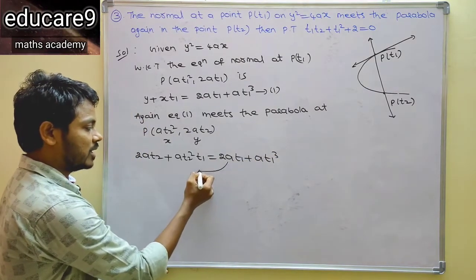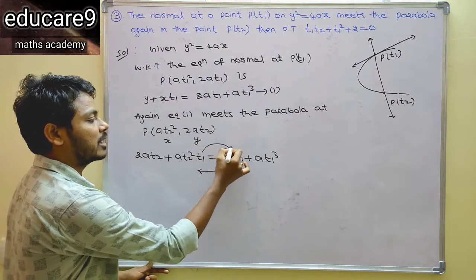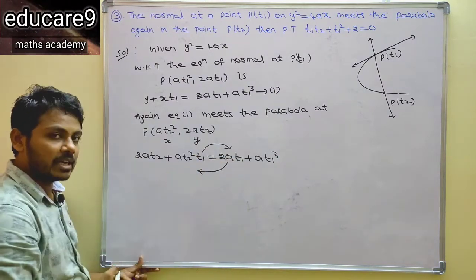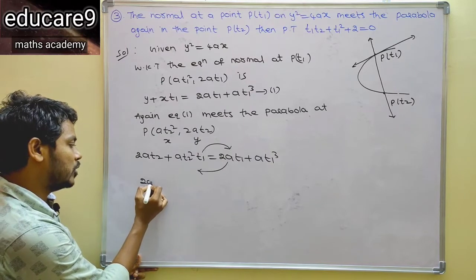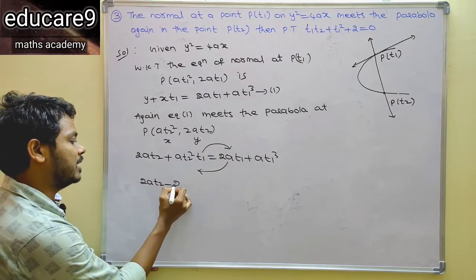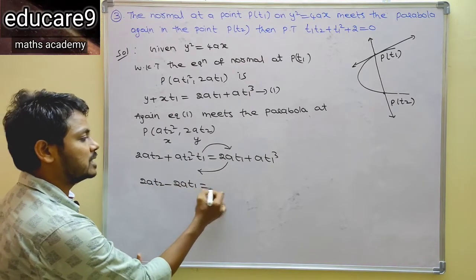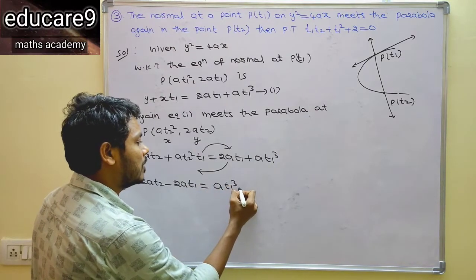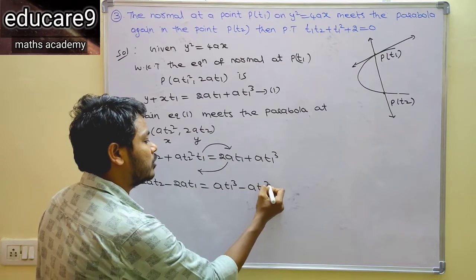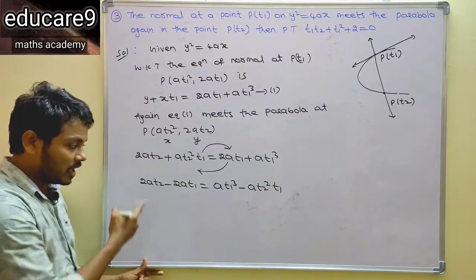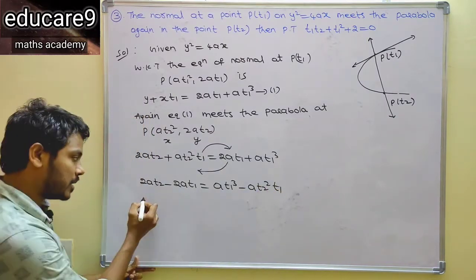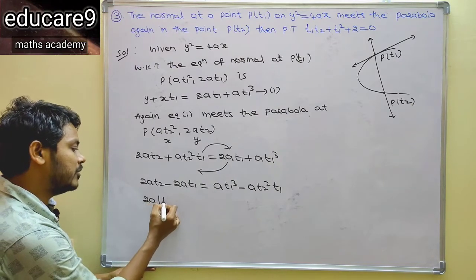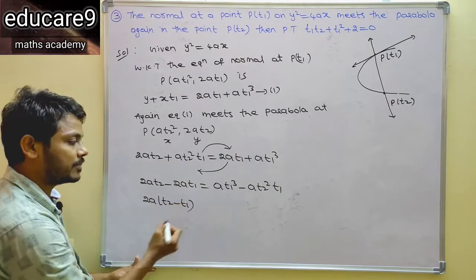So send this one to the left side and this one to the right side. Then it becomes 2AT2 minus 2AT1 is equal to AT1 cube minus AT2 square T1. In both terms 2a is coming, you will get T2 minus T1.